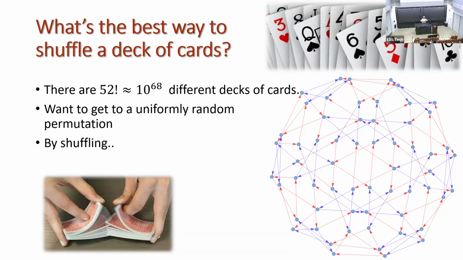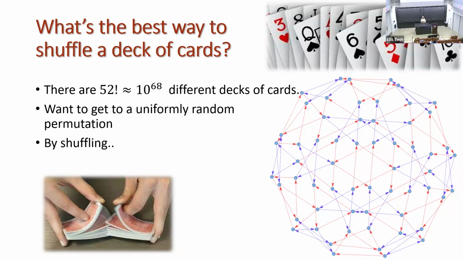So pretty sparse compared to the 10 to the 60-something vertices. And yet, when you analyze random walks on this graph, it turns out that in something like 200 and something steps, you converge to uniform. I think that's quite amazing, considering the huge size of this thing, that in a bounded number of steps, you get to a random deck.